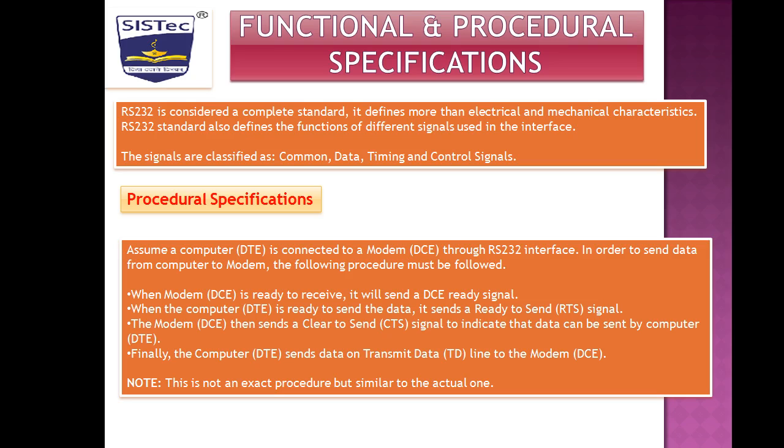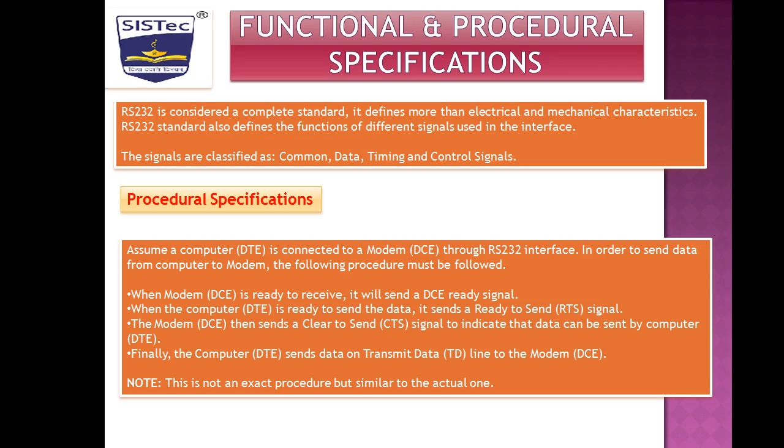Initially, when the modem, that is DCE, is ready to receive, it will send a DCE ready signal, that is data communication equipment ready signal, to the computer. In the second step, when the computer, that is DTE, data terminal equipment, is ready to send data, it sends a ready to send signal to the modem, that is DCE.